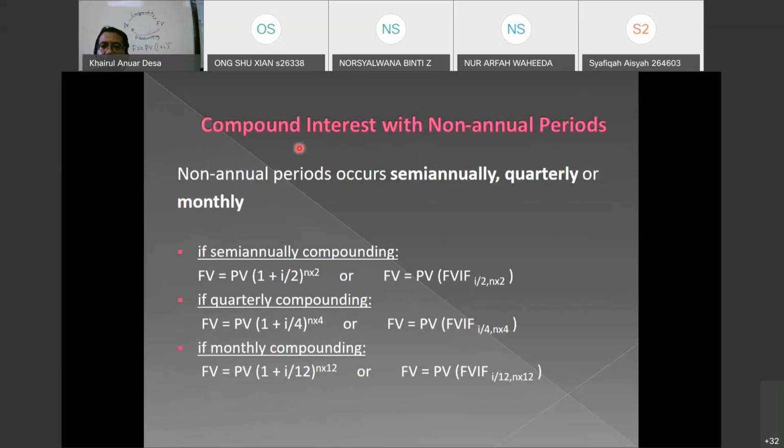Okay, compound interest with non-annual periods. Just now, we solved the problem with what we call the annual interest rate. Tadi kita selesaikan soalan-soalan berkaitan dengan kadar faedah tahunan.